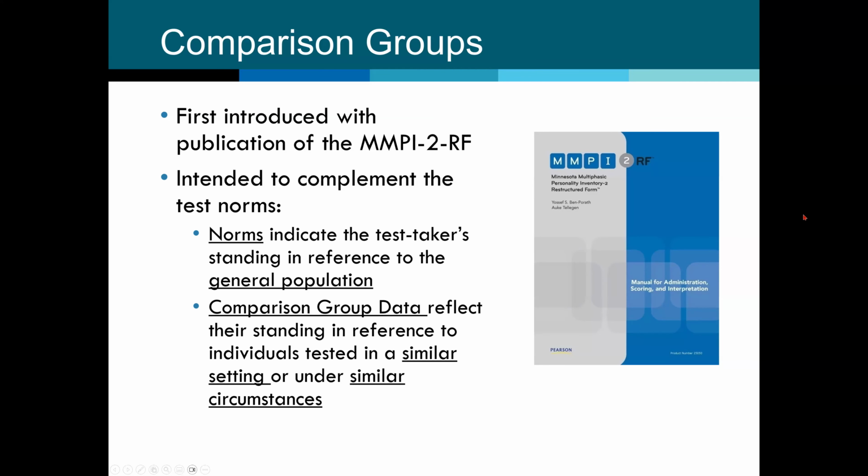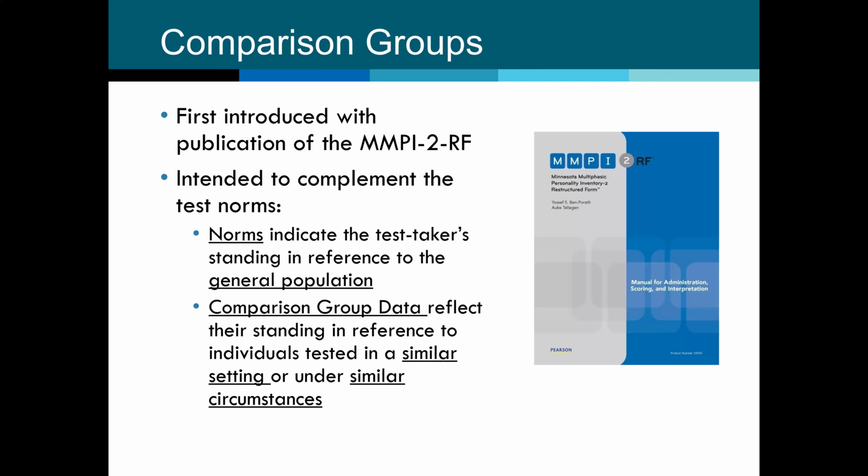Now, comparison groups and comparison group data are used in order to complement information from the test norms and tell us not only how the individual's scores compare with the general population, which is what the T-score tells us, but also how the individual compares with a representative sample of individuals tested in a similar setting or under similar circumstances. And we'll get into the specific types of comparison groups that are available here in a moment.